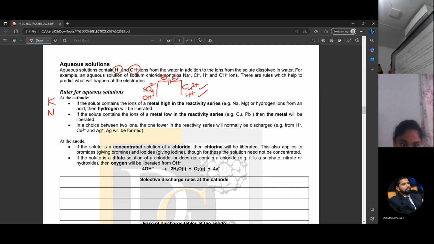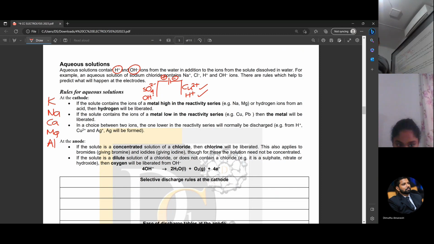Potassium, sodium. What is the reactivity series? Calcium, magnesium, aluminium. So how do you remember the first 5? A shortcut: look at the periodic table. Start from potassium, go to sodium, come back to calcium, go to magnesium, go to aluminium.